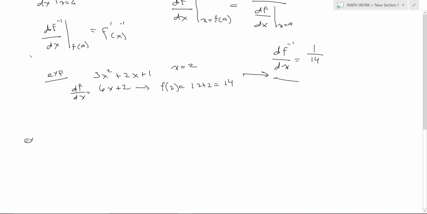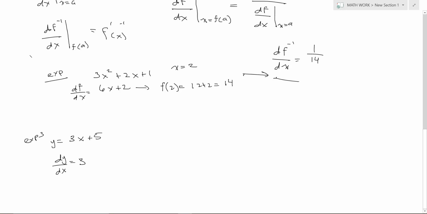Example 3. Say 3x plus 5. Let's see what happens. y equals that. If we take dy dx, or just df of the function, it's simply 3.